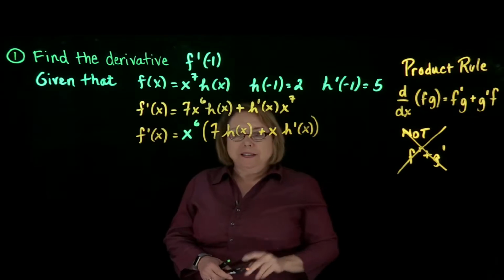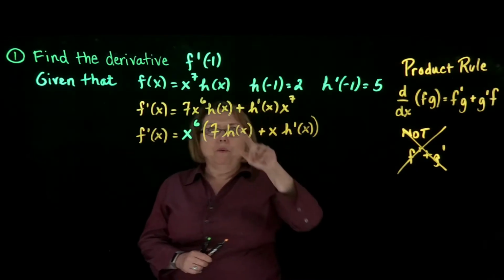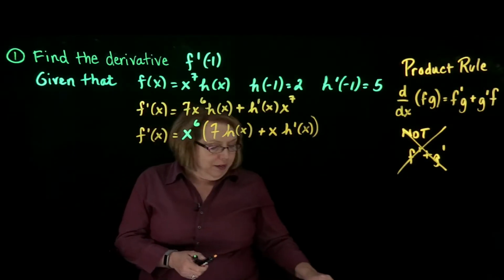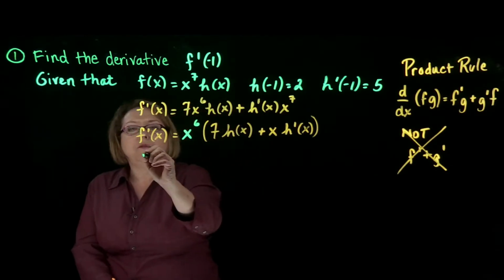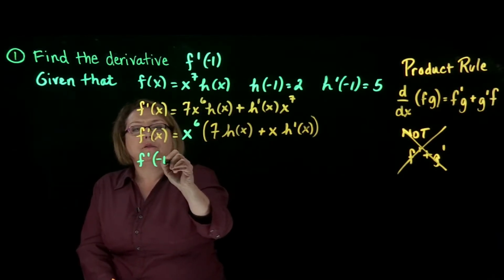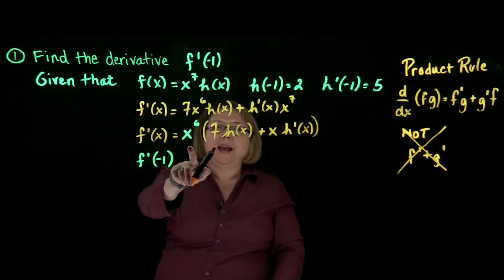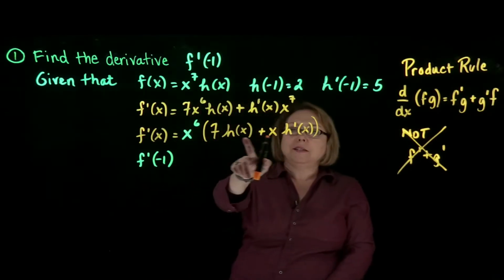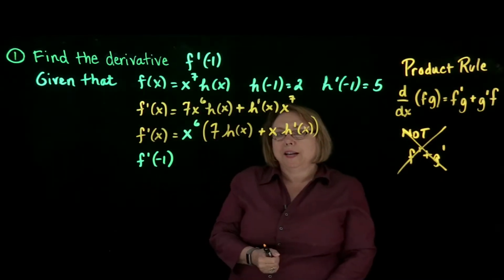Still looks a little messy, but think about, what are we looking for? We're looking to solve f prime of negative 1, which means that everywhere we see x here, we're going to replace that x with negative 1.